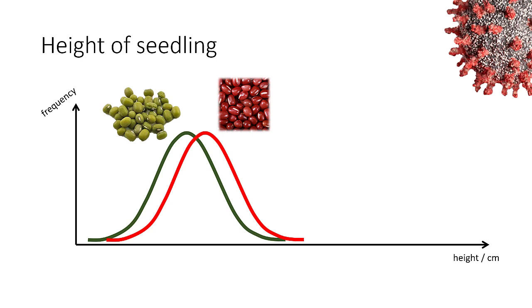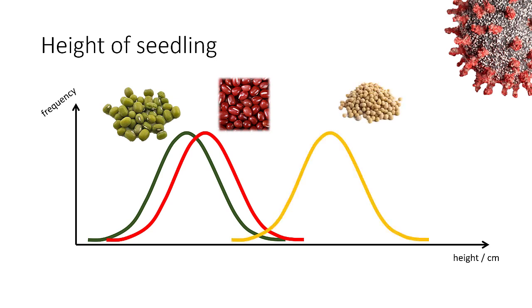So it might not be easy for me to conclude that red bean seedlings are taller than green bean seedlings. So the question will be, how much taller will be enough for me to conclude that a bean seedling is taller than the other bean seedling? If let's say I have soya bean and their height is like this, is this enough for me to conclude that the soya bean seedling is taller than the green bean seedling?